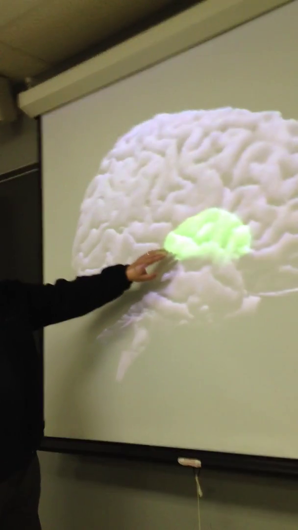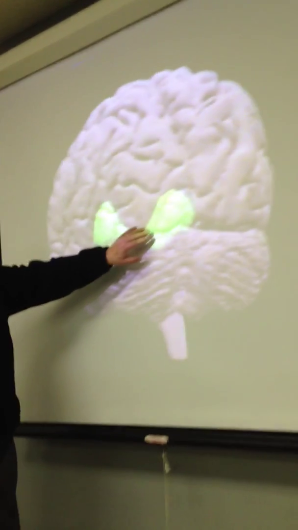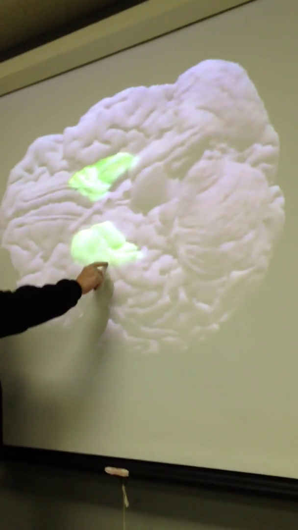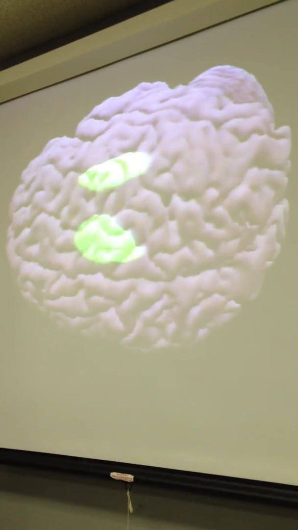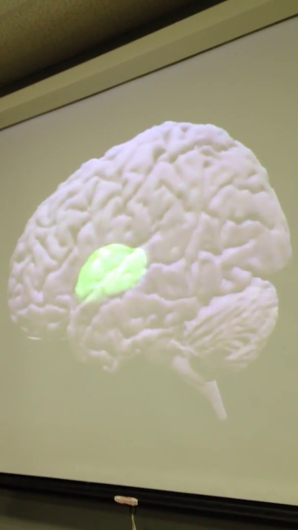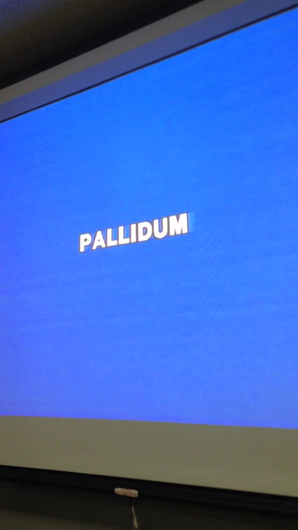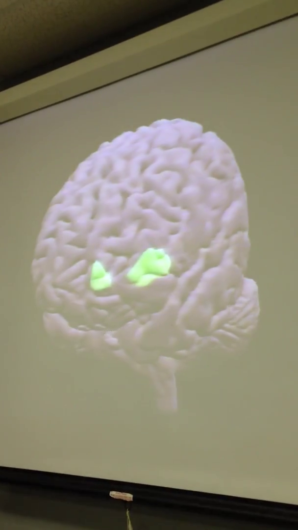Putamen and globus pallidus here. Globus pallidus is on the inside. Globus pallidus, putamen. Pallidum means just globus pallidus by itself.